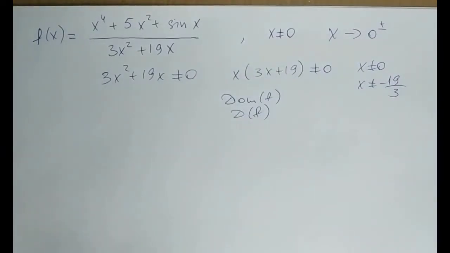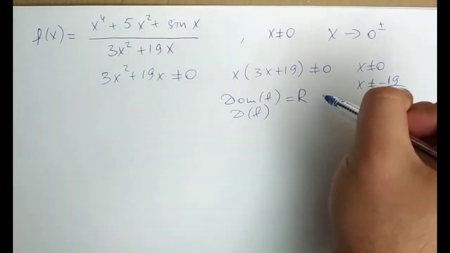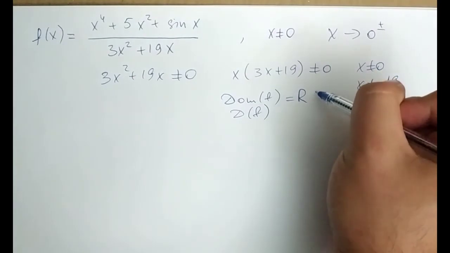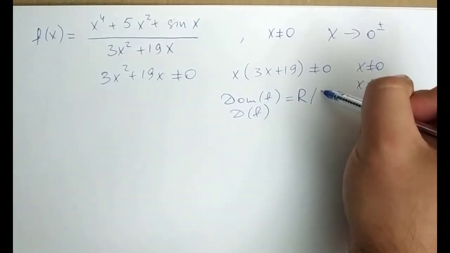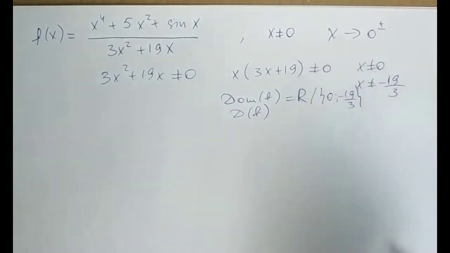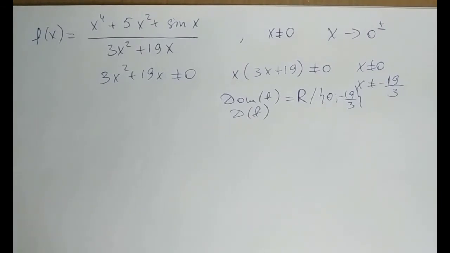We have different notations. It is R minus 0 and minus 19 over 3. It means in all other points the function is defined, except this 0 and minus 19 over 3.